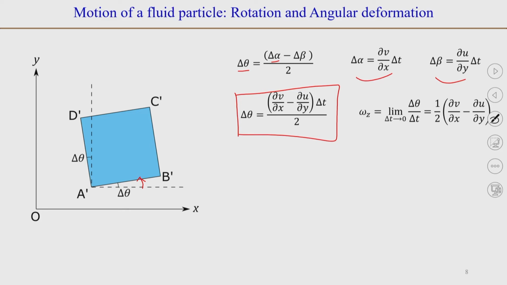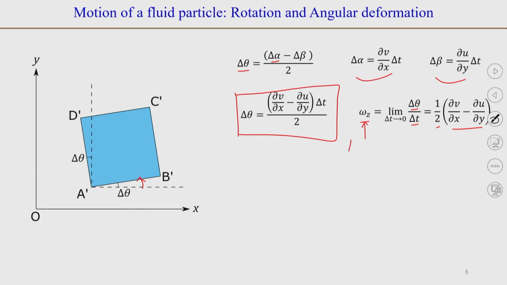So, we get delta theta over delta t is equal to (dou v by dou x minus dou u by dou y) divided by 2.